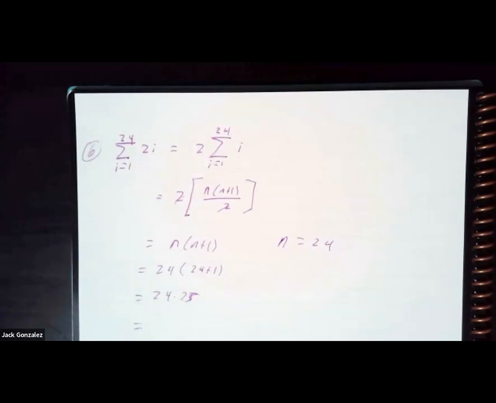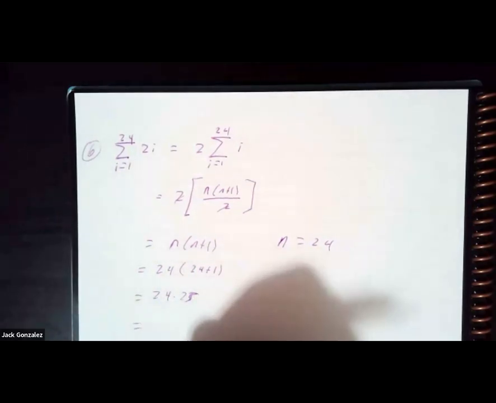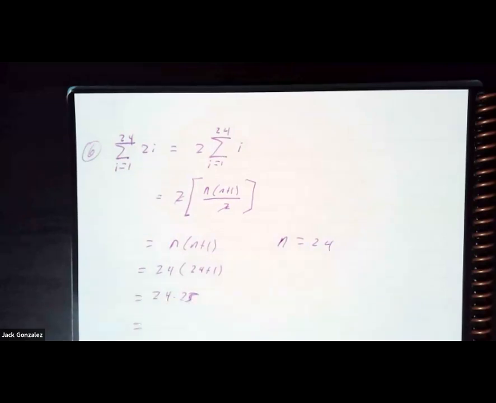Whatever that is. They said it's 600. I don't know if that's true or not. Yeah, it's 600? Excuse me. So all you got to do is do your algebra and then use these formulas.